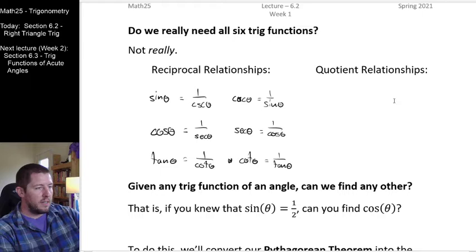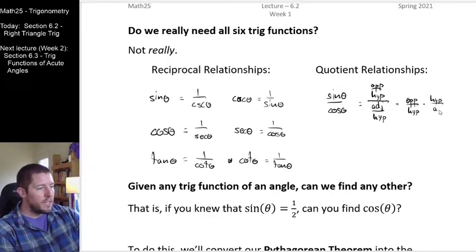A nice thing to see is that sine of theta over cosine of theta, with sine being opposite over hypotenuse and cosine being adjacent over hypotenuse, simplifies as a complex fraction to opposite over hypotenuse times hypotenuse over adjacent. Cancel, cancel, leaves us with opposite over adjacent, which is exactly tangent.